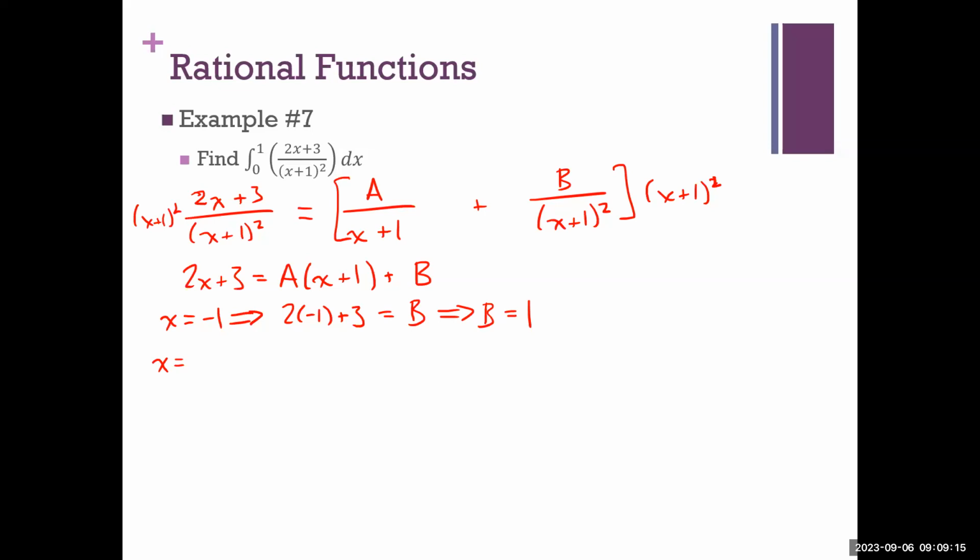We know that b is 1 for all values of x. It is constant. So because of that, I'm going to choose, just throw me a number. Give me your favorite number. 2 sounds good. We did 0 last time. So x equals 2. What does that give us? 2 times 2 plus 3 equals a times 3 plus b, which is 1. So 7 equals 3a plus 1, which means that a equals 2.